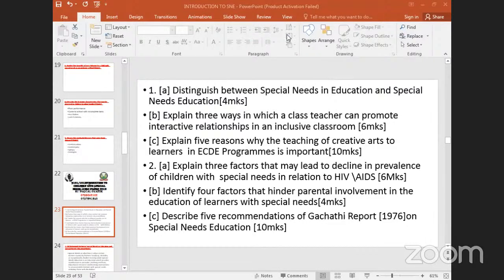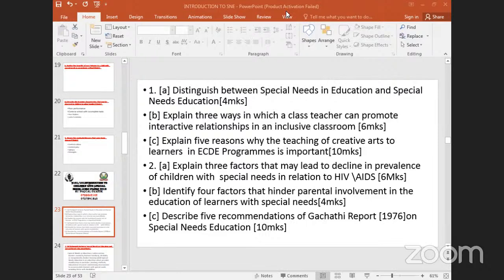For example, when you talk about social studies, we will talk about the topic physical environment right from lower primary, and as you are getting up the ladder, it is the same topic but you are building on it in a larger scope.